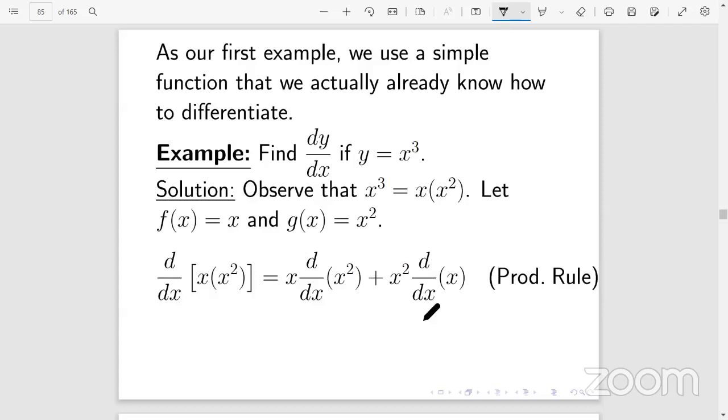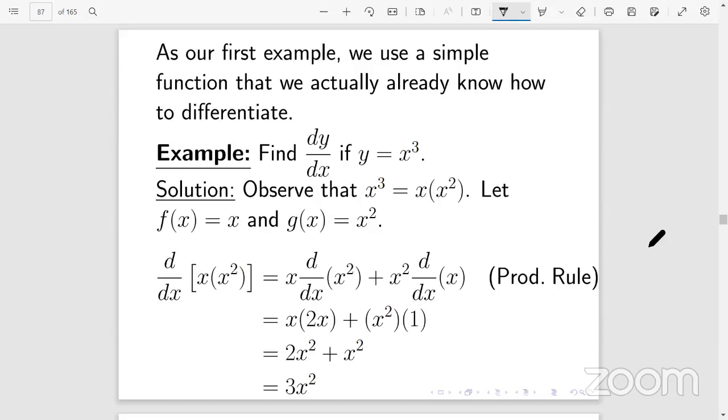So we keep x constant, differentiating x squared we get 2x. Then x squared is constant, differentiating x we get 1. To simplify, x times 2x gives 2x squared, and x squared times 1 gives x squared. So 2x squared plus x squared gives 3x squared, which is the same thing that we got when we differentiated x cubed. That's an example of the application of the product rule.